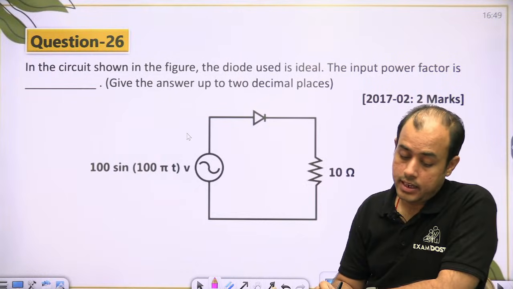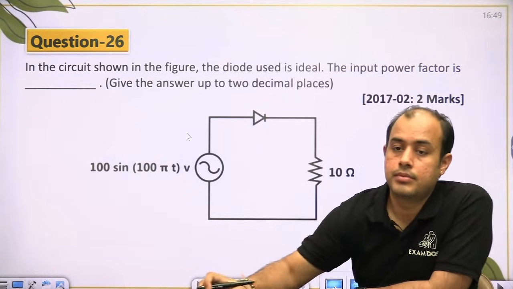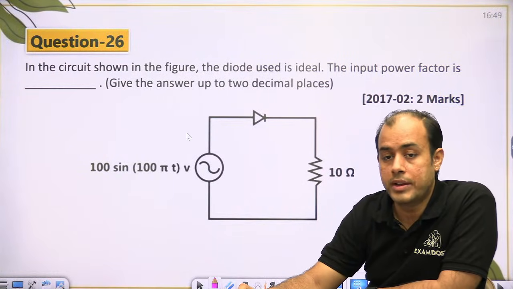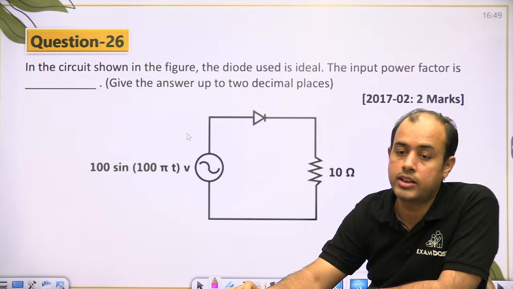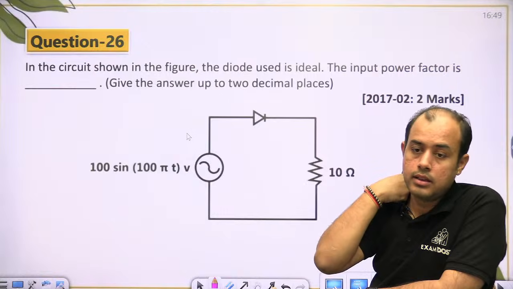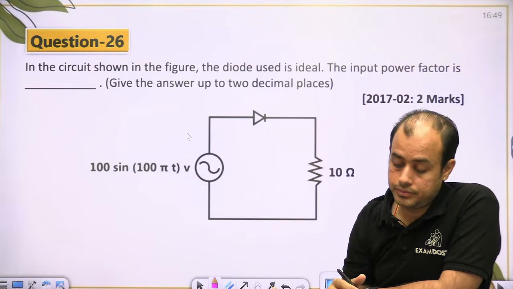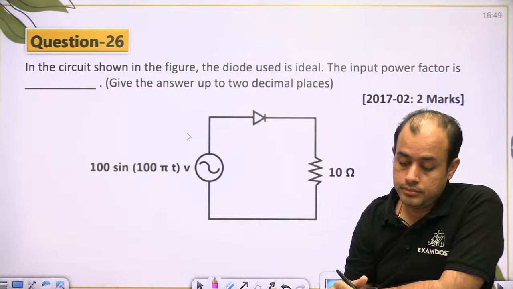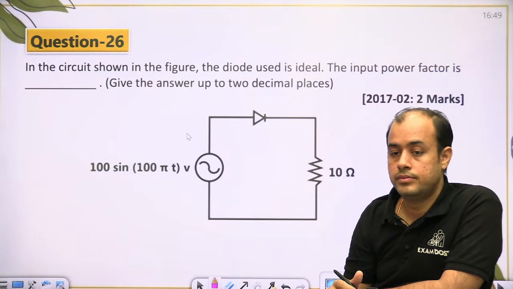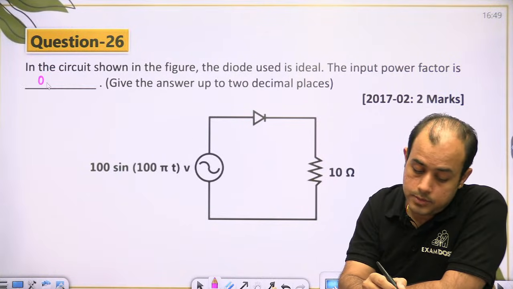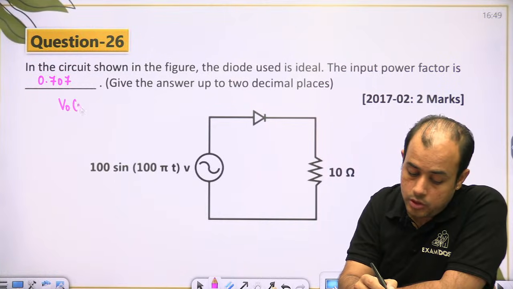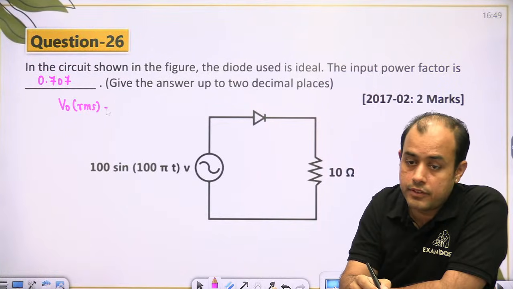चलिए next. Input power factor. What is the input power factor in this circuit? और कोई क्वेश्चन अगर कर रखा है तो बताते चलना कि सर ये ऑलरेडी डन है, क्योंकि ये भी मुझे लग रहा है कि हम लोग कर चुके हैं. इनपुट पावर फैक्टर. तो द आंसर इज 0.707. देखिए फॉर रेजिस्टिव लोड दिस इज अ हाफ वेव रेक्टिफायर.